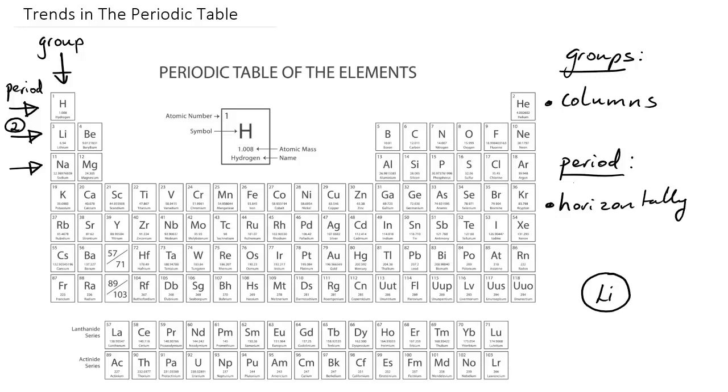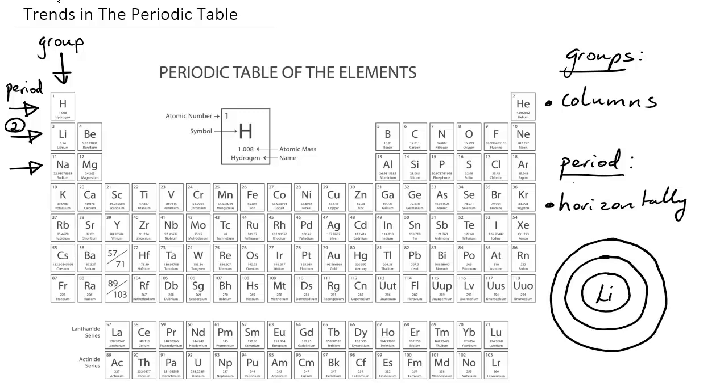Lithium has 2 electron shells because it's in the 2nd period, so 1 and then 2. Now we know already something about how those electron shells fill up.